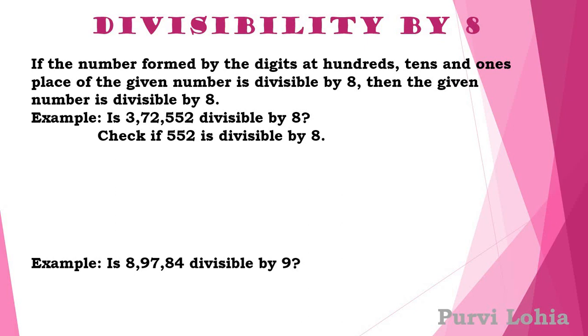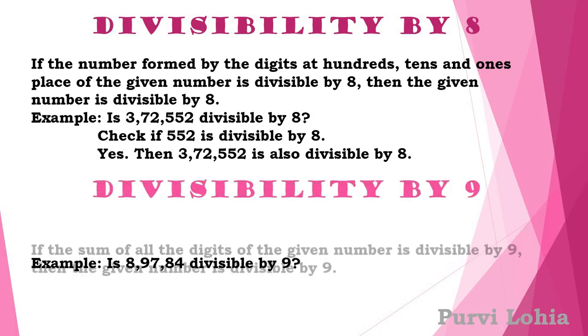See, 552 is the number formed by the hundreds, tens and ones place digits of the given number. So check if 552 is divisible by 8 or not. Correct, it is divisible by 8. So 3,72,552 is also divisible by 8.